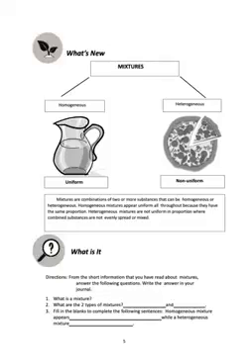So for the direction, from the short information that you have read about mixtures, answer the following questions and write the answer in your notebook. Hindi dito sa module, you write your answers in your notebook. First question, ilang beses na nating pinag-aralan na define what is a mixture. Number 2, what are the two types of mixtures?